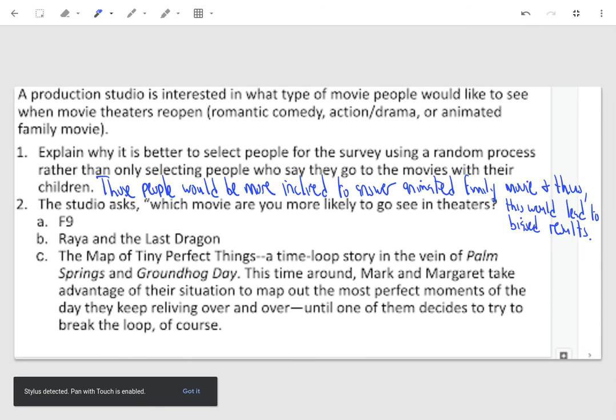If you're selecting people randomly, the odds of having biased results go down drastically. So that answers question number one.